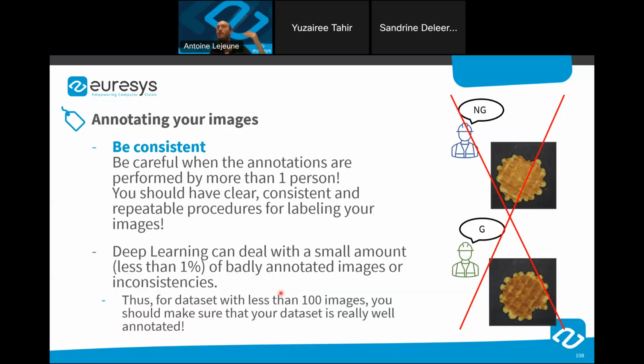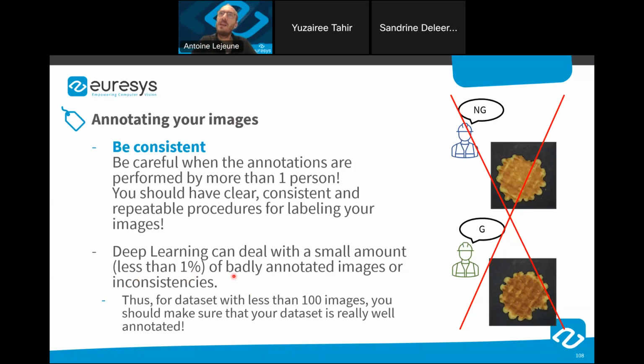So if you want more than one person to annotate a dataset, you should have clear, consistent, and repeatable procedures for labeling your images. You may even need to train the people who will annotate the dataset before they start, to make sure that all the annotation will be consistent.